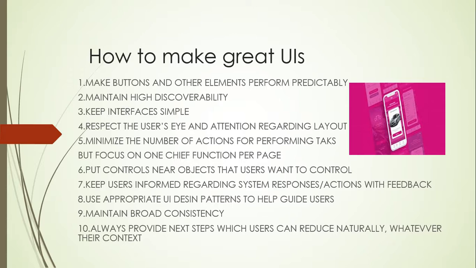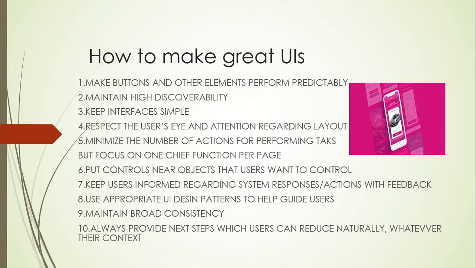Put controls near the object that users want to control. Whenever we put controls, that means a button or radio button or checkbox or whatever controls in terms of UI, we have to put them near it.